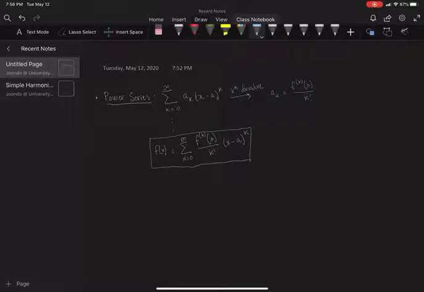So this is the Taylor series, centered at x equals a.